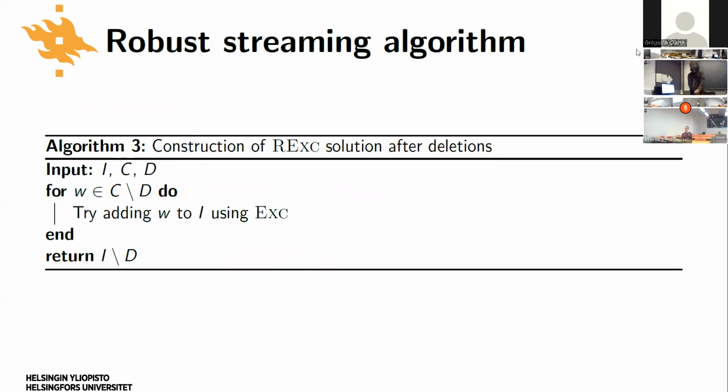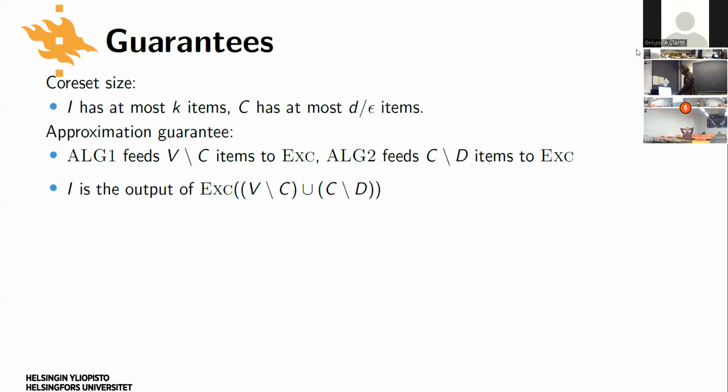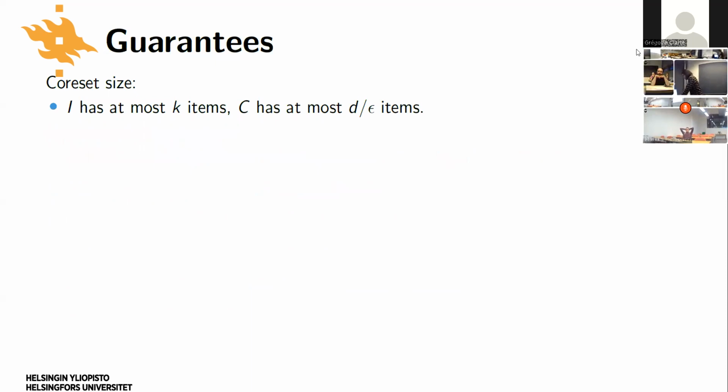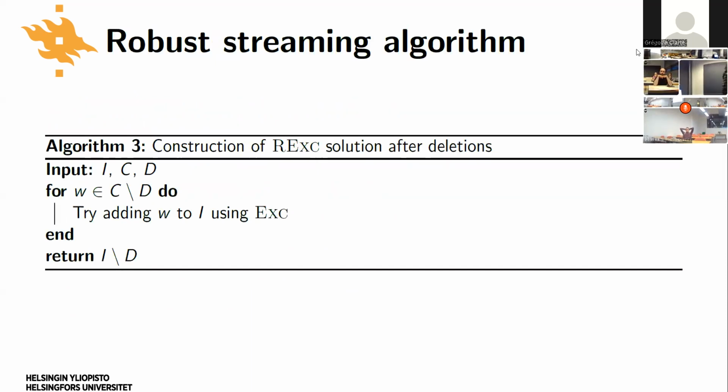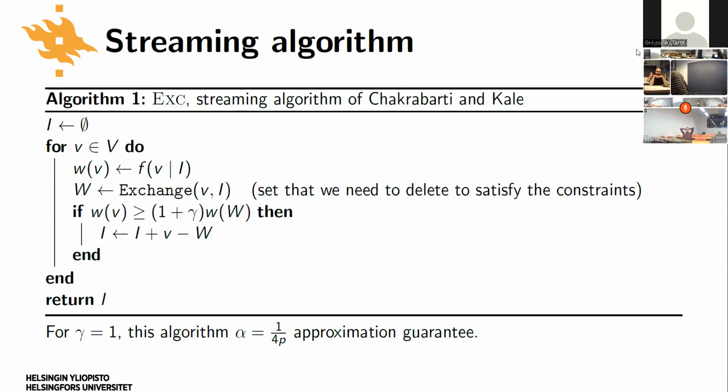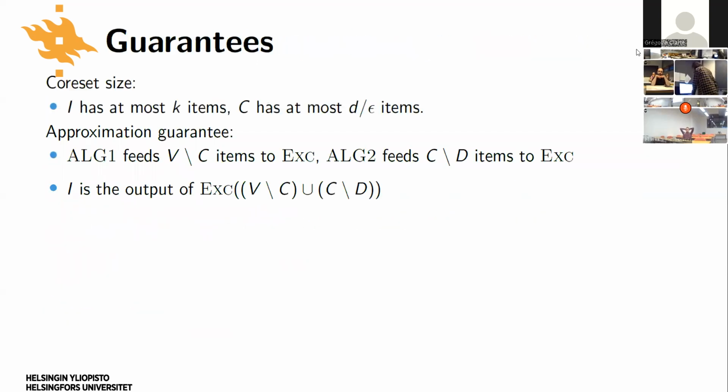And here it's just C minus D, right? So you can think that I right here before the return is just the output of running this X algorithm with the input items of B minus C and then the union of C minus D. So this is what we will be doing.